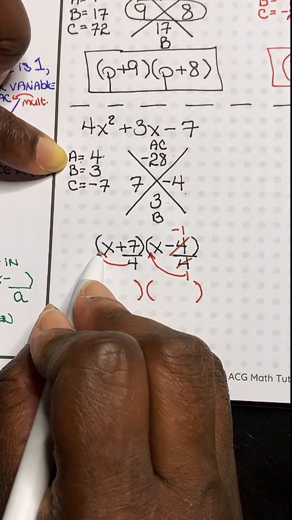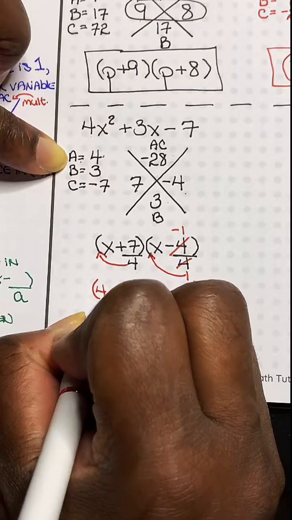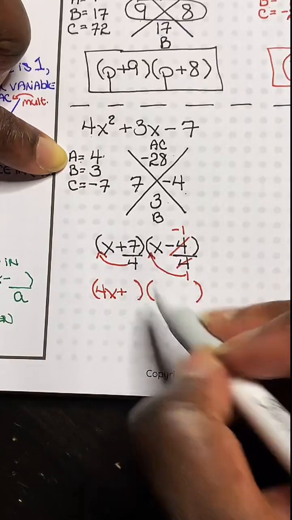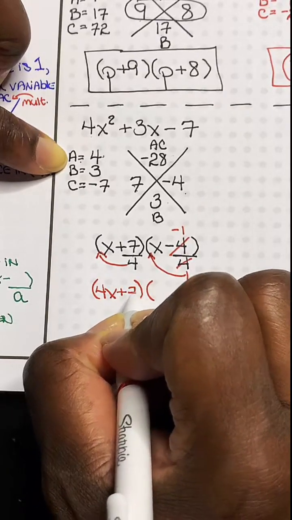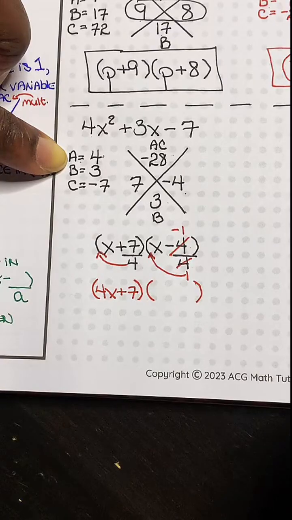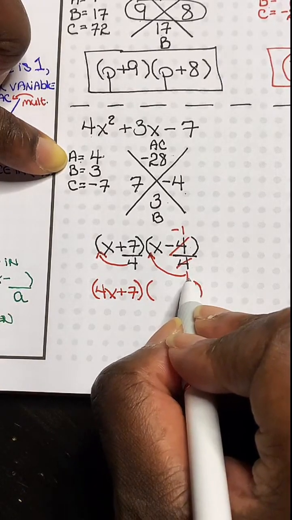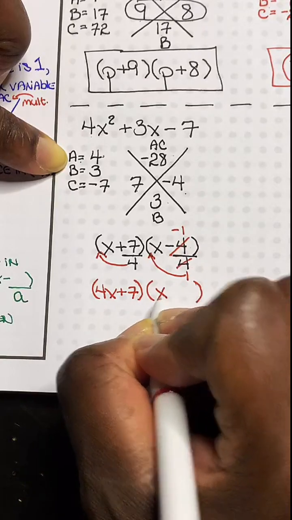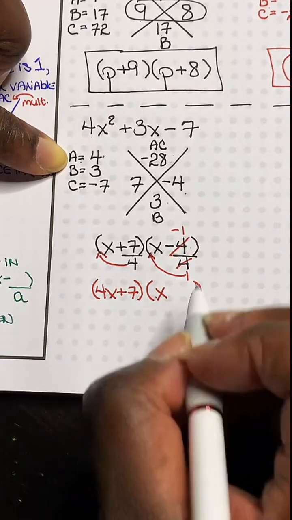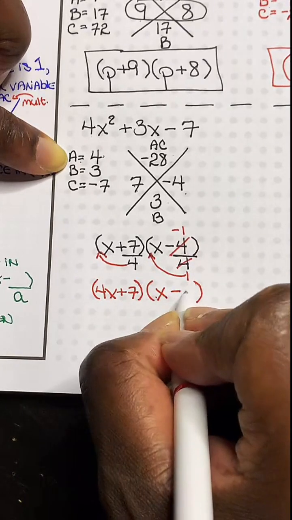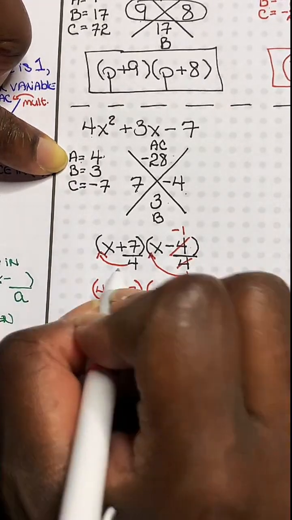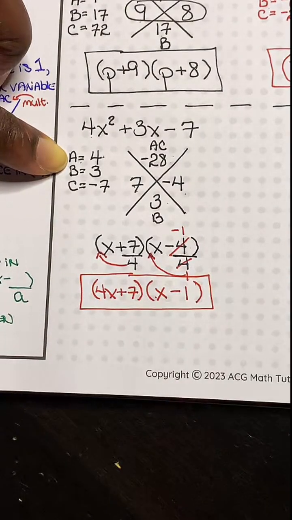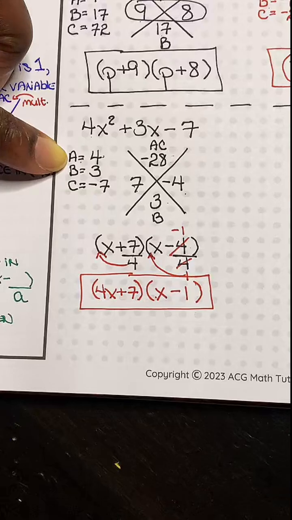You're going to have your 4 in front of that x, so it's going to be 4x plus the number that's here, which is 7. The second parenthesis, it's a 1 that's going to be with the x. Well, I don't have to put the 1 because the 1 is understood, minus the reduced 1. This is your answer. I think the teacher called it a reduce and slide.